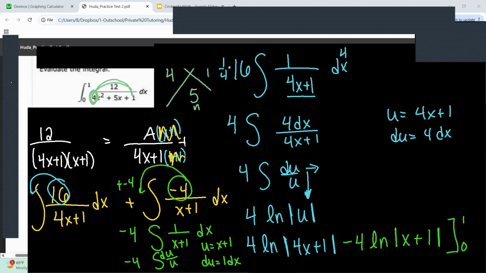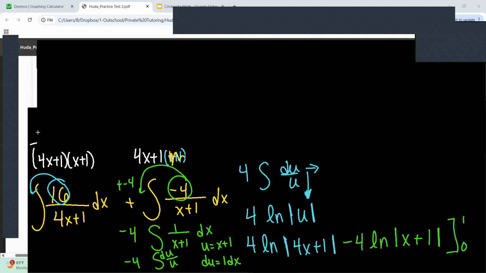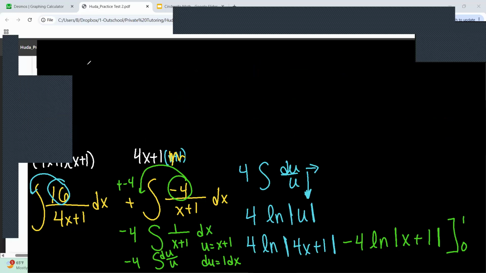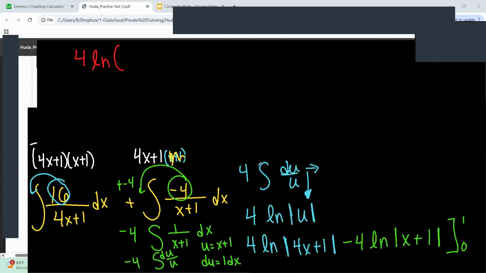Okay. I'm going to go up over the top again. Sorry. All right. Everywhere you see x, give it a 1. So we're going to have 4 natural log, 4 times 1 is 4 plus 1, so 5, minus 4 natural log, 1 plus 1 is 2. So there's our first input.